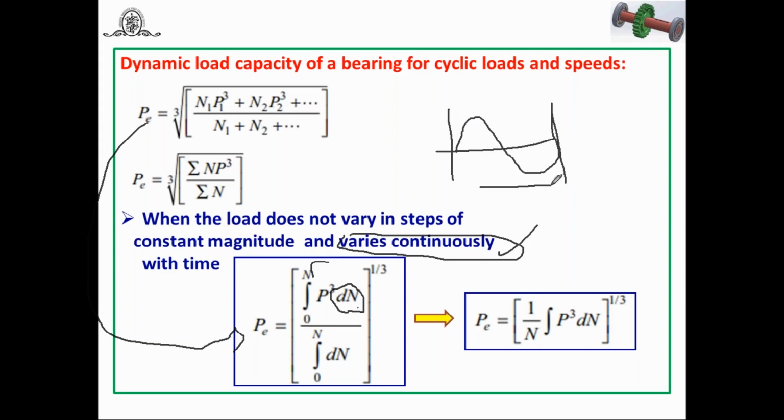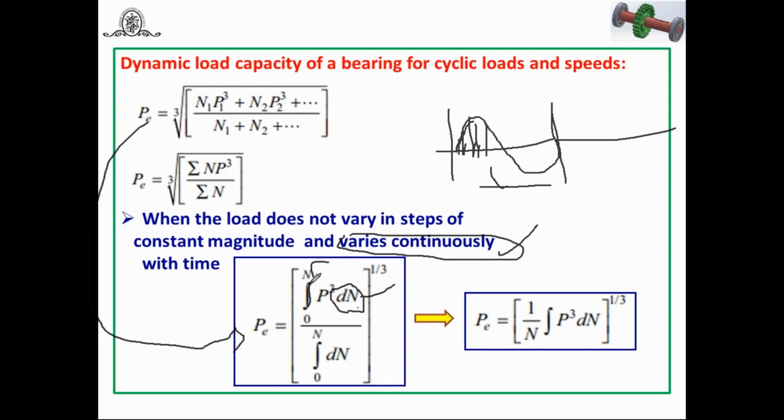This is one element of the cycle. The load is varying, that's why dN is taken. That means we have to take care in small parts, in which revolution, how much load is acting. That's why it is integrated from 0 to N. Try to understand. And the overall integration gives the complete result.